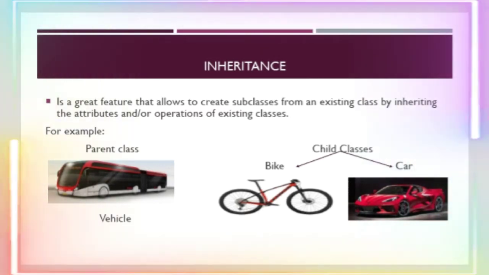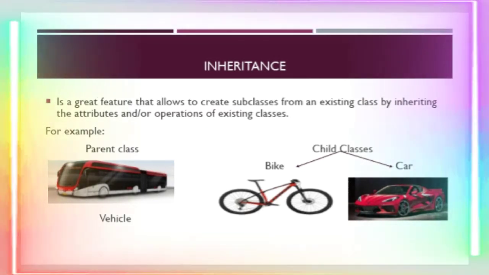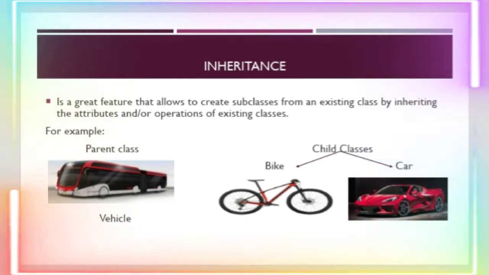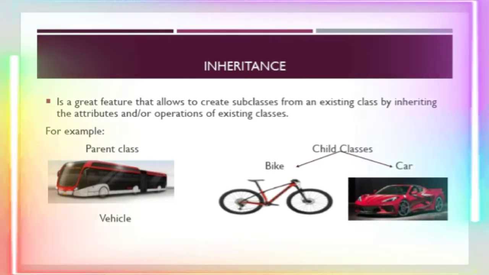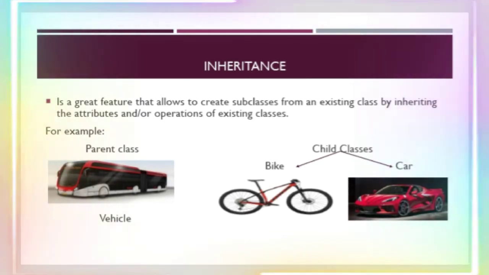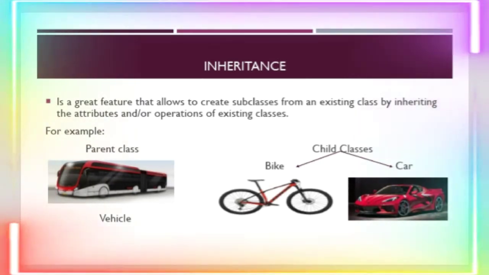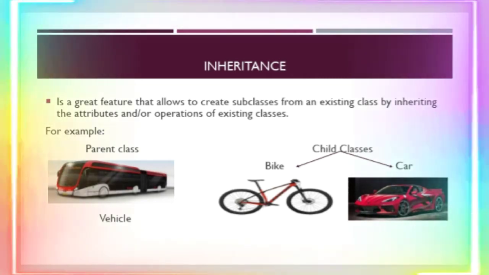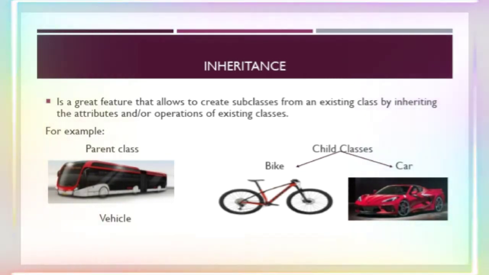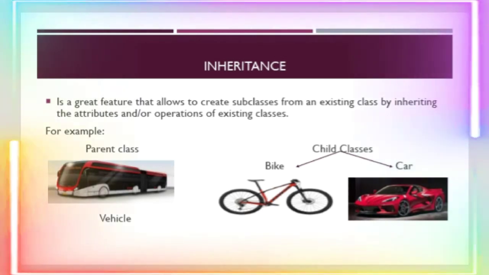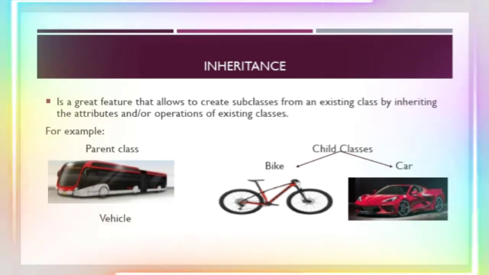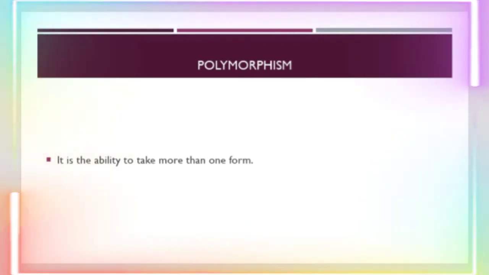For example, a vehicle can be a parent class from which we can derive child classes like bike and car. Using this example, they share the common properties of being able to run on fuel and carry passengers, but they differ in the number of passengers they can carry and such more properties.